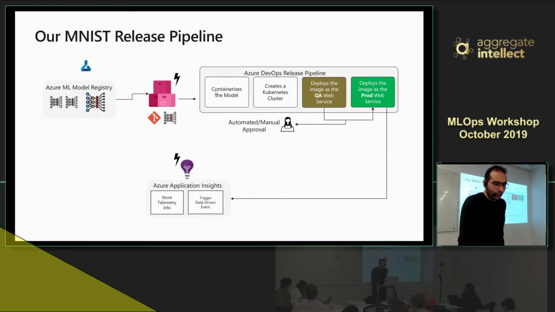That's basically the whole approach. And from the prod, it will talk to some sort of monitoring service, in this case, App Insights, where everything that happens will be kept, and then you can subscribe it to an event for later retraining and other stuff.